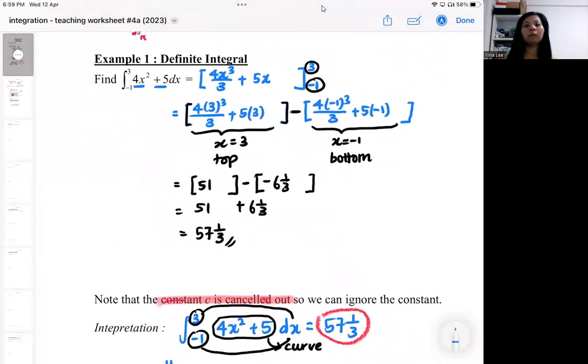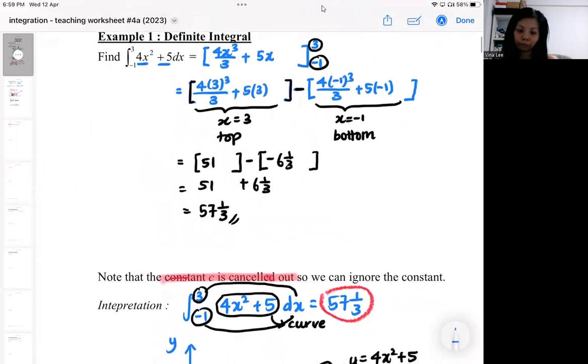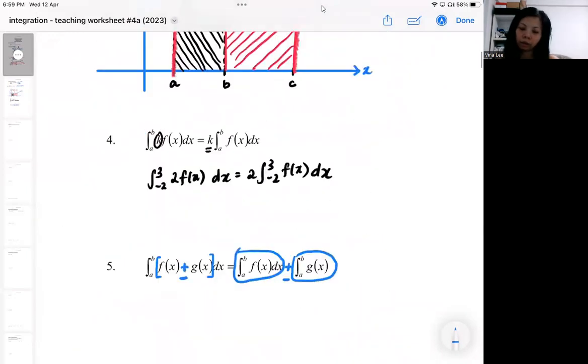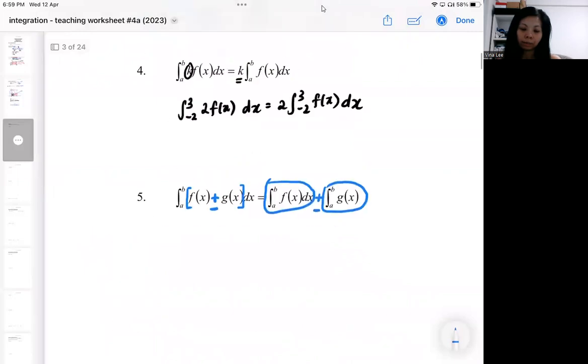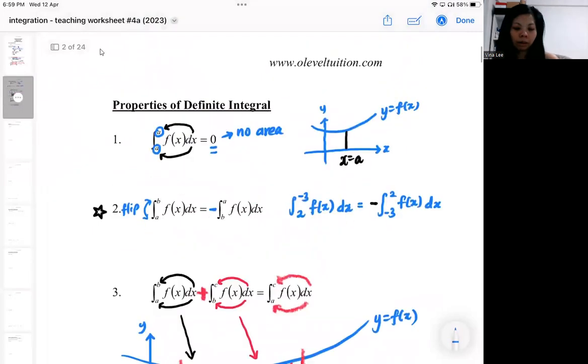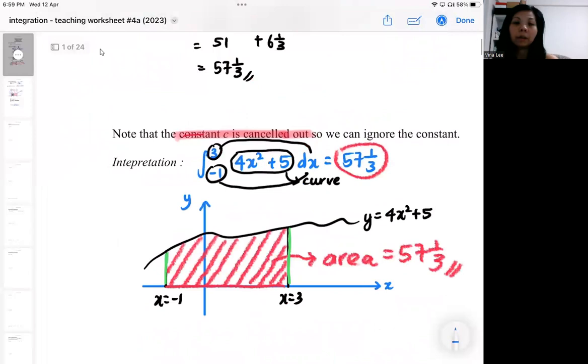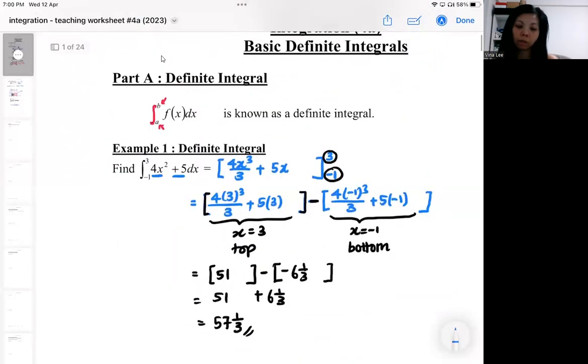So right now you just have to see the idea as definite integral will give you a number, and that number is the representation of area under the graph. So we'll talk more about area under graph subsequently. So right now just be mindful about the properties first. So I will show you the numerical example in a bit.